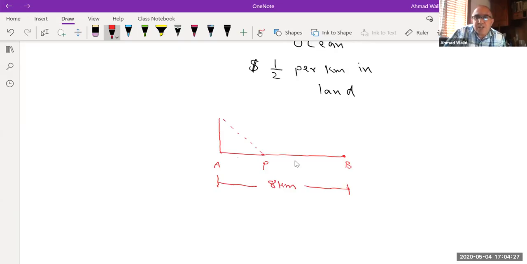If this portion from A to P, I name it X, how much is the portion from P to B? An engineer in the class? If this is X from A to P, how much is from P to B? The total is 8 kilometers. How much will this portion be?